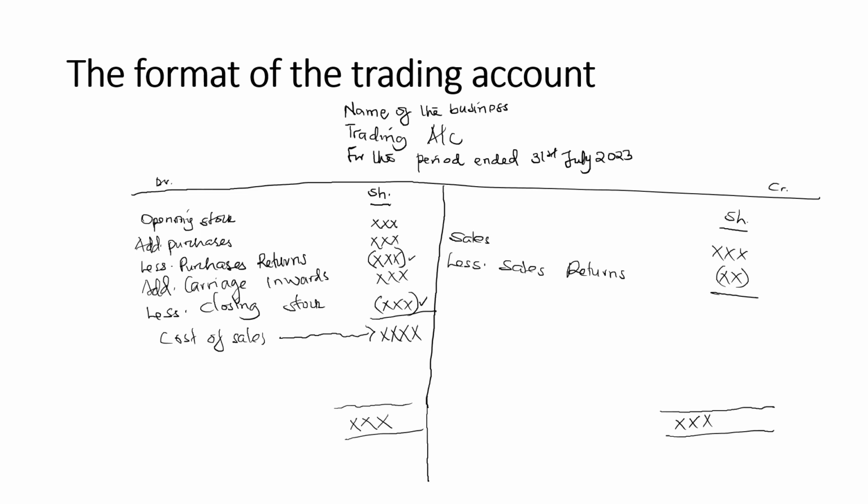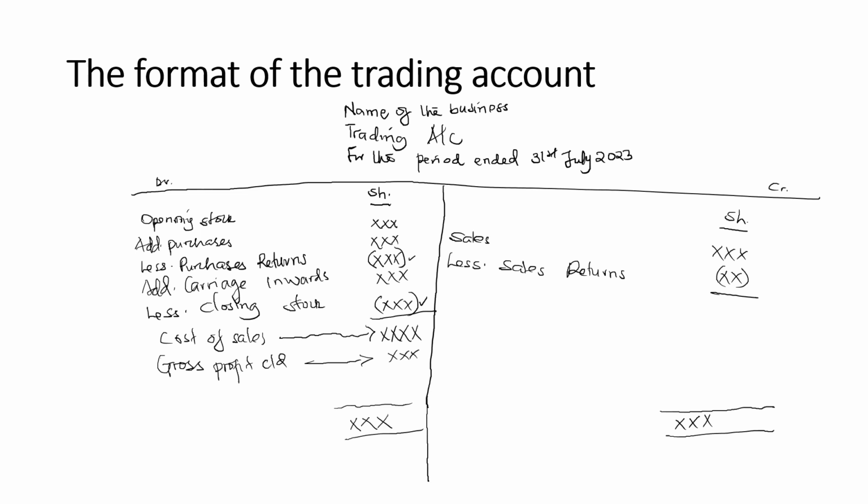We get the difference. At this point, we have the net sales and the cost of sales. The difference will give us the gross profit, and in order to balance the account, we'll have the gross profit just below the cost of sales. Gross profit carried down of how much, you can have that amount.